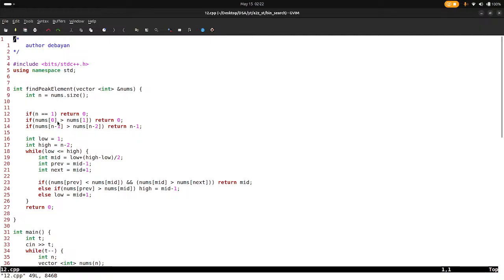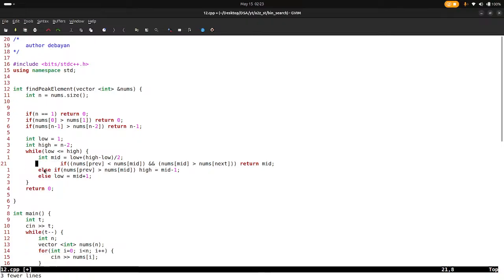N equals 1 and then 0. If 0 is greater than 1, I'll return 0; minus 1, I'll return minus 1; 1, minus 2. Let me not write previous and all, right? I think that will give us extra hectic.